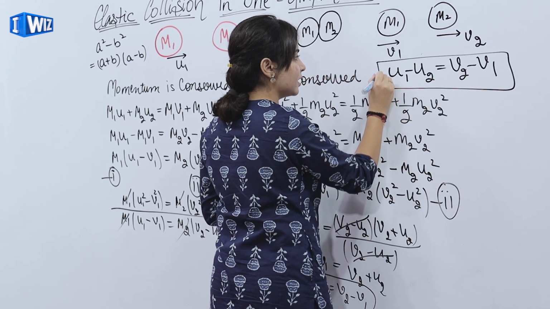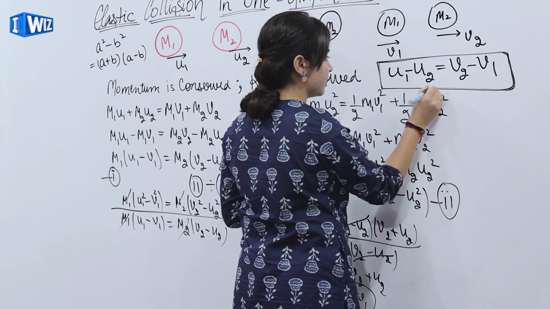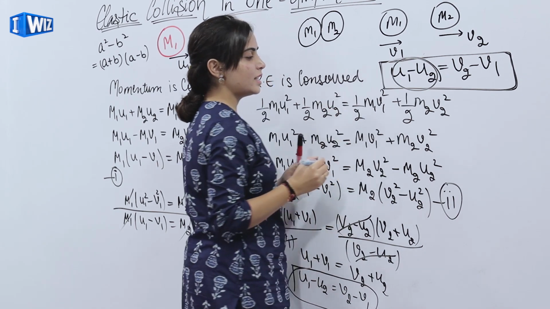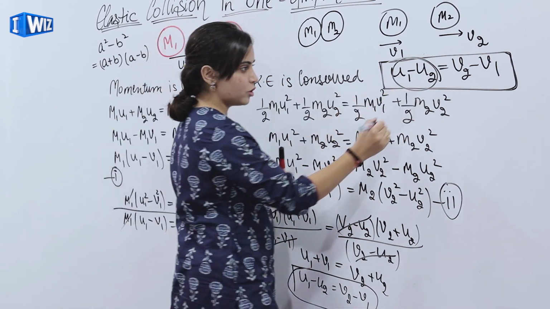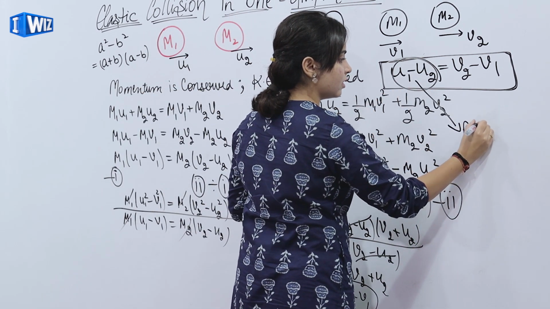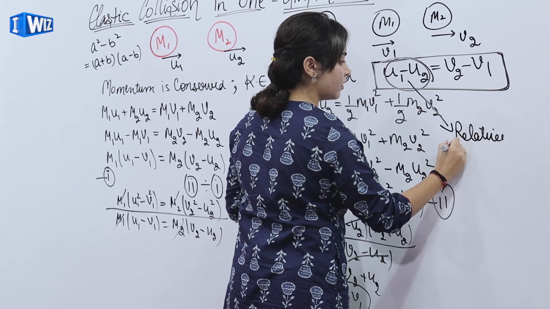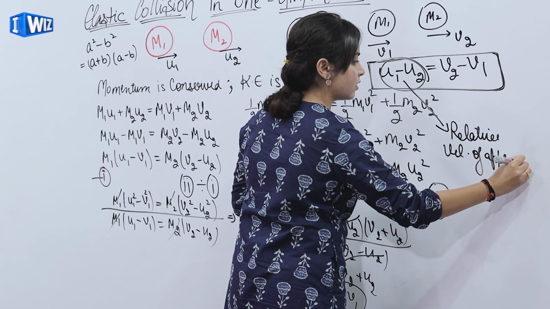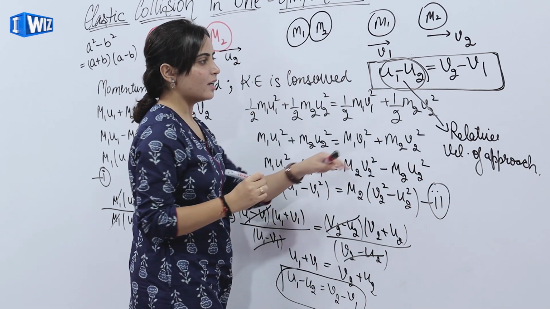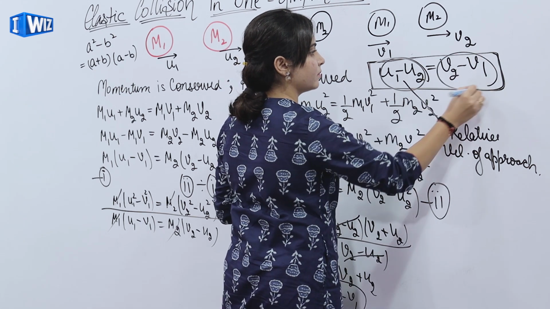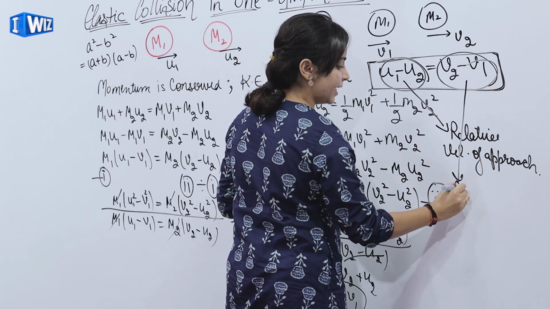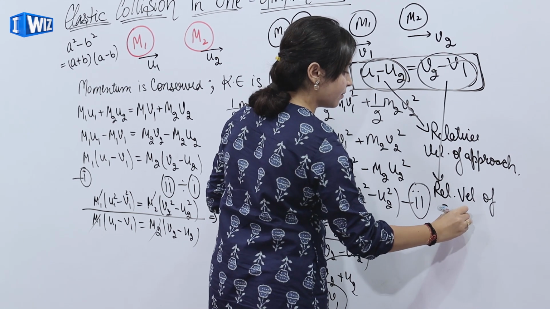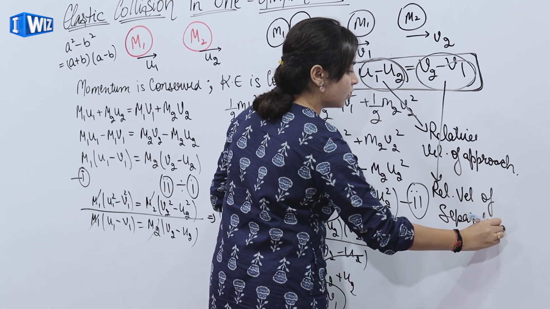So what does this result say? u1 minus u2 is the relative velocity of approach, and v2 minus v1 is the relative velocity of separation after collision.